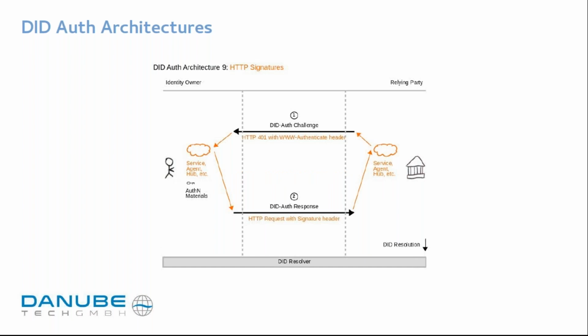There's one other way of doing authenticated service to service interaction, which is to use a specification called HTTP signatures. So HTTP signatures is a way to authenticate messages not on the lower transport layer, but on the HTTP protocol layer.